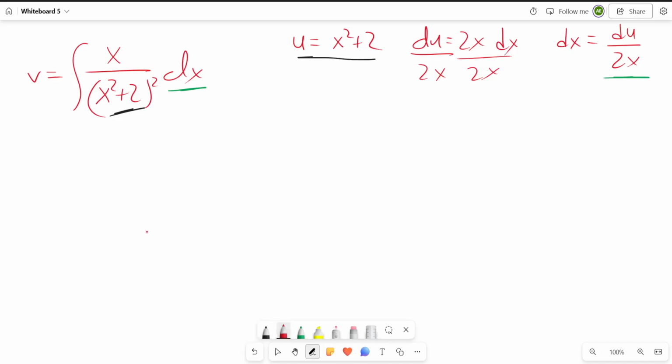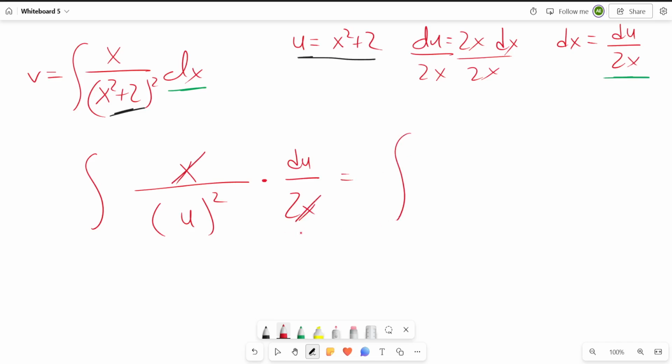So we will have the integration of x, which is the numerator, over this whole part, which is now u, raised to the power of 2. And then instead of dx, I'm going to multiply by du over 2x. And I straight away see that this x will cancel with this x, and I will take this 1 over 2 outside.